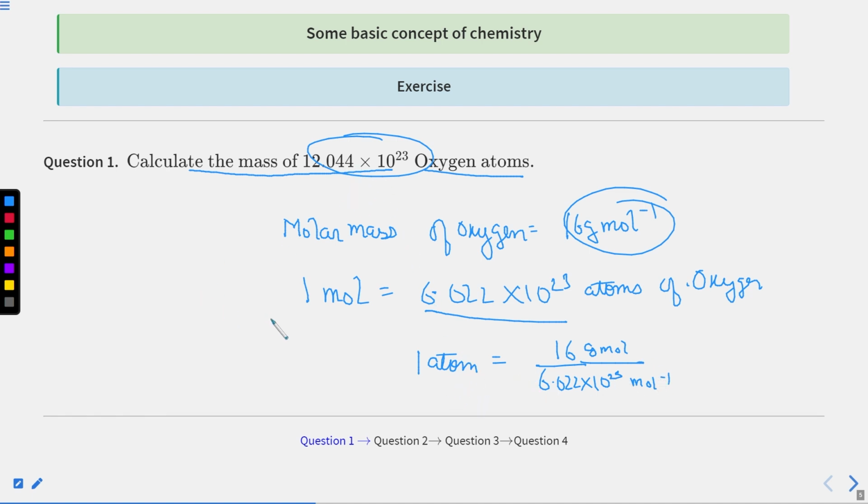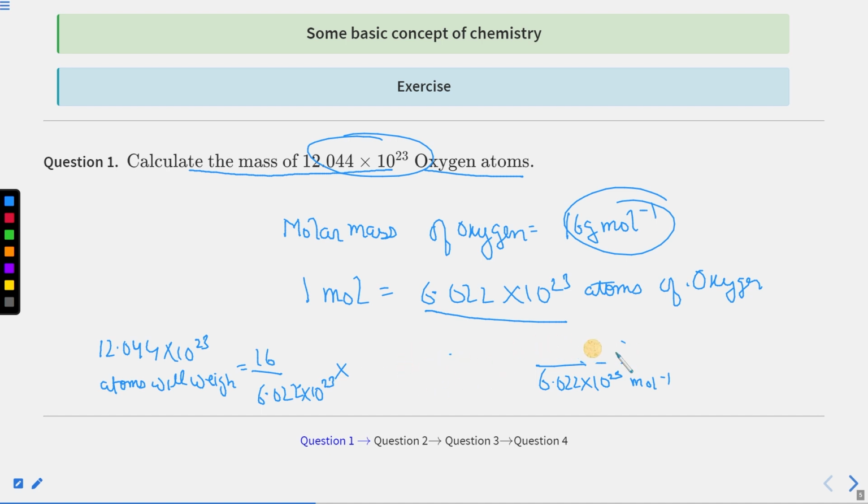What is the mass of this many atoms? For 12.044 into 10 to the power 23 atoms, it will weigh 16 by 6.022 into 10 to the power 23 multiplied by 12.044 into 10 to the power 23.